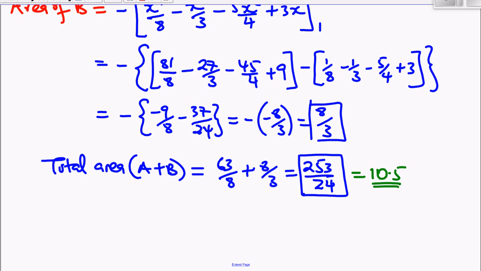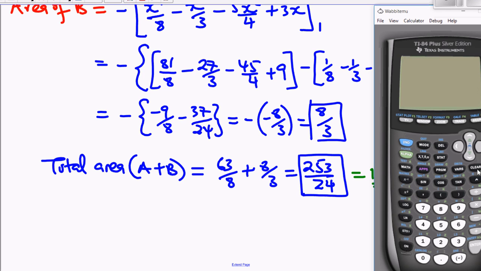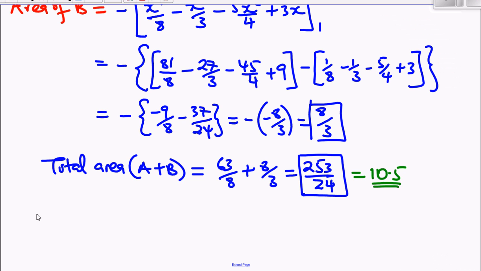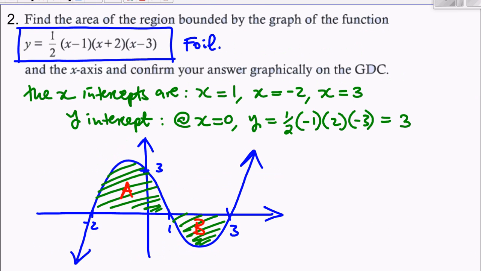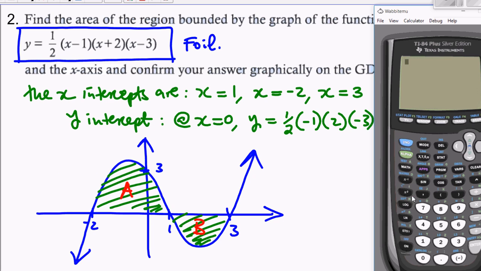Anyway, something else that I wanted to show you is how you can use your calculator to work out this area. Now, to work out the area of this particular function, the first thing that you need to do is to use the same process the way we did definite integrals. Then select 4.